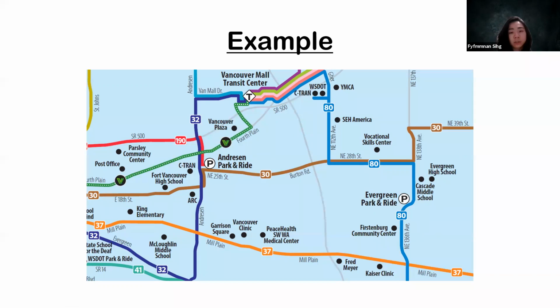Let's say I wanted to take a trip from the post office, which is, if you look on the left side where the leftmost V is, look above that, that's the post office, and we want to go to Fred Meyer. That is, if you look on the bottom right section next to the Kaiser Clinic on Mill Plain Street, you'll find Fred Meyer. So how do we make this trip, right?